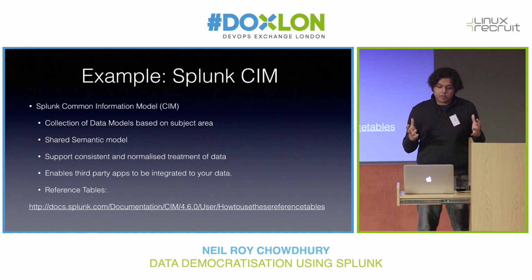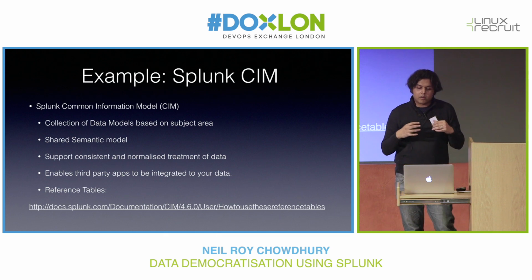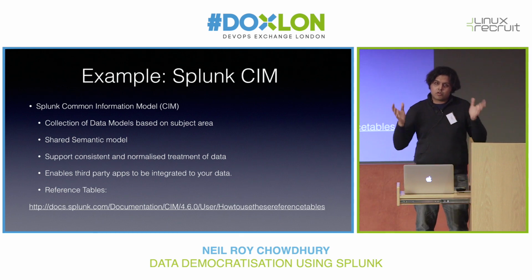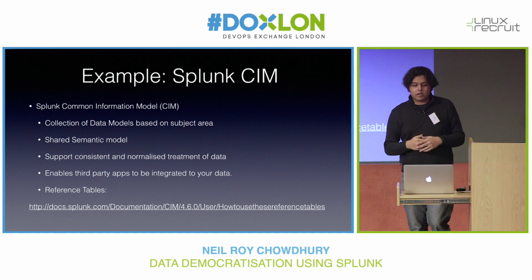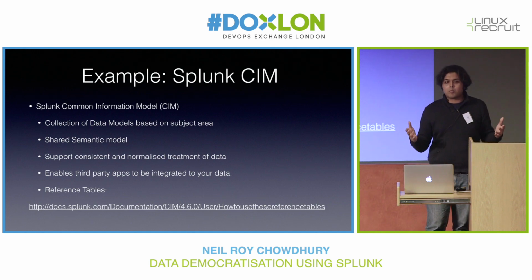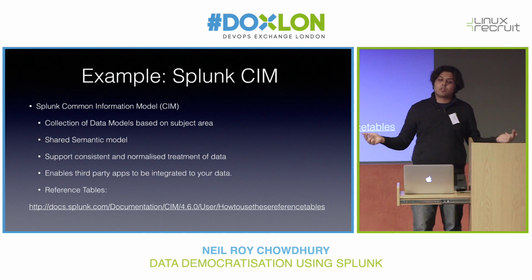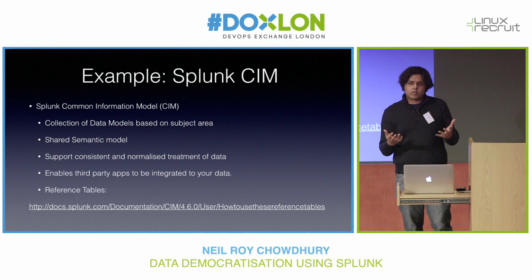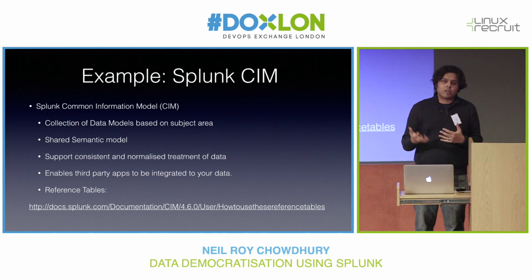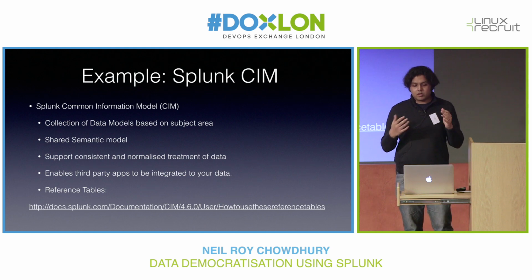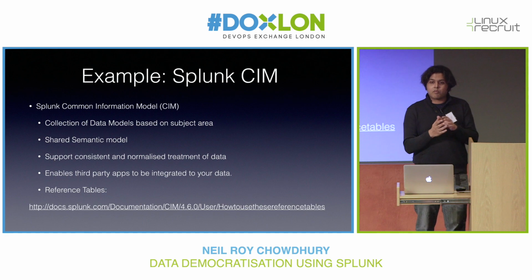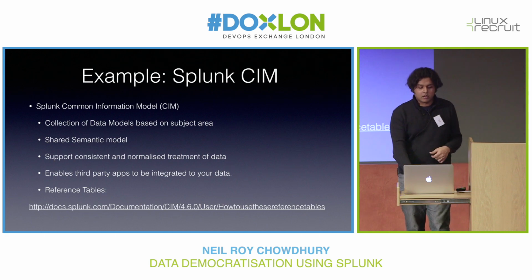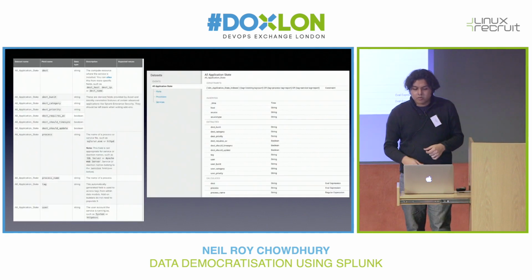When it really comes down to it, you're talking about a certain structured semantic model that Splunk gives you that you can abide by, right? It's a shared semantic model, and you can normalize your data to look like that model. A lot of the time people don't know what metrics they actually need, but the CIM tables in Splunk enable you to find out what you really need to a certain degree. This is what they look like.